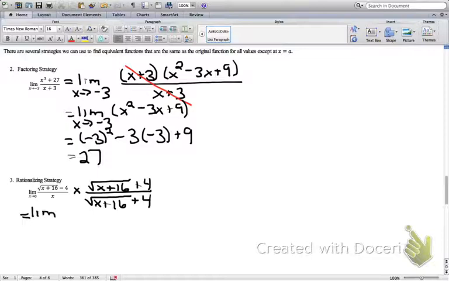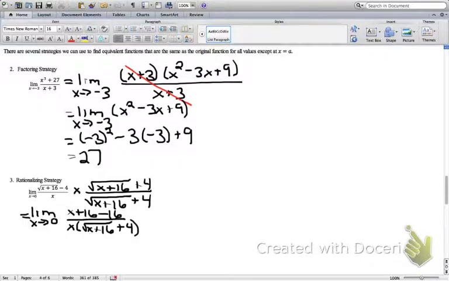So we're looking at our limit as x approaches 0, and when we multiply these together, we're going to have x plus 16 minus 16 all over x times the square root of x plus 16 plus 4.